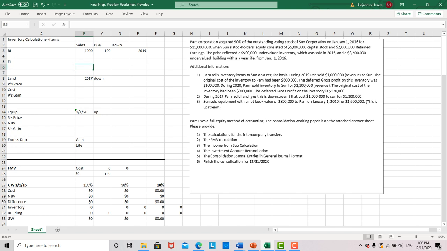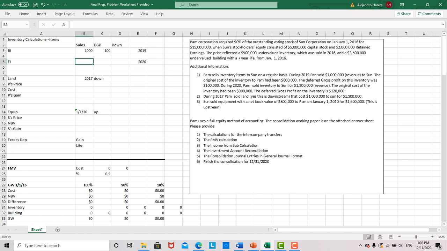Now the ending inventory is what took place this year, which is 2020. This is inventory which the parent sold to the sub this year, and which the sub had not sold to an outside third party by the end of this year. Okay, so it says, during 2020, additional information number 1: during 2020, PAM sold to Sun $1.5 million revenue of inventory.